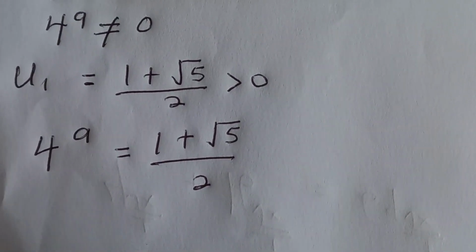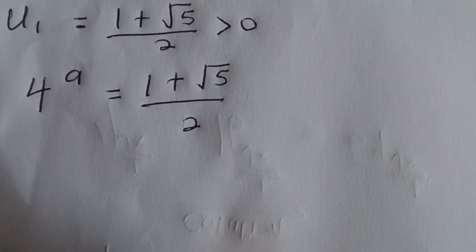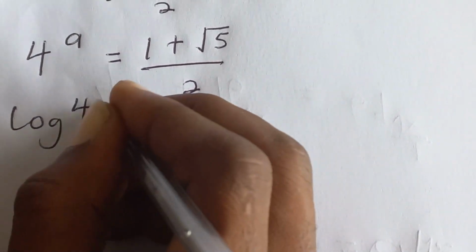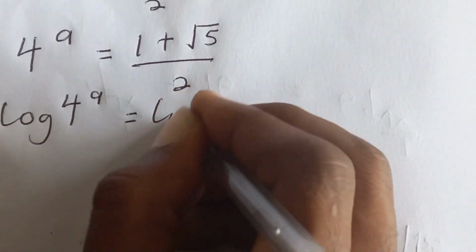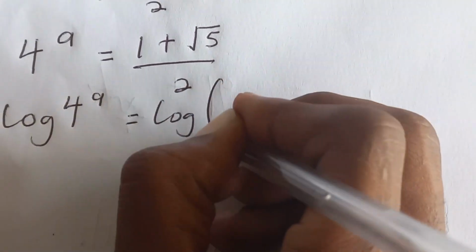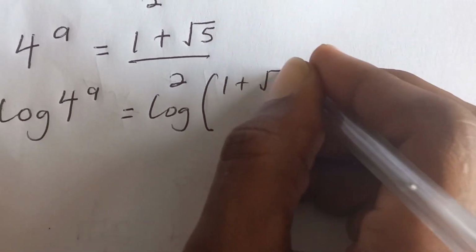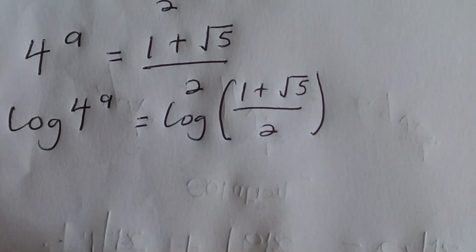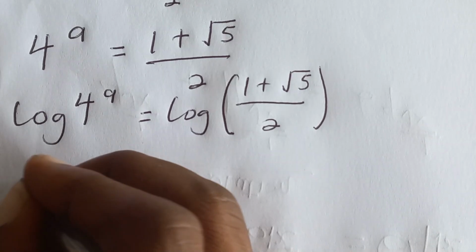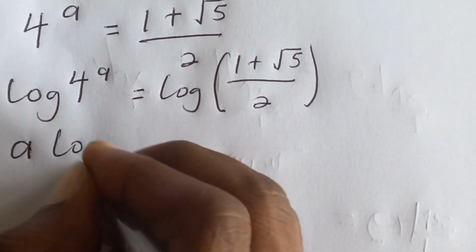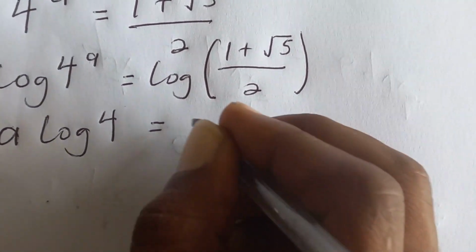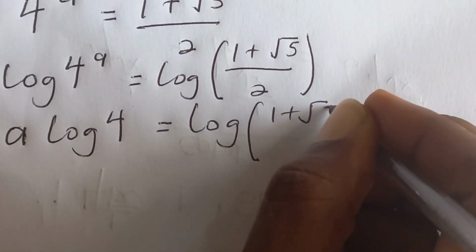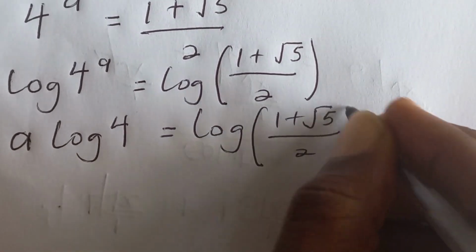So with this, we can introduce logarithm to both sides. We say that log of 4 exponent a is equal to log of bracket 1 plus root of 5 on 2. So a log 4 is equal to log of 1 plus root 5 all over 2.